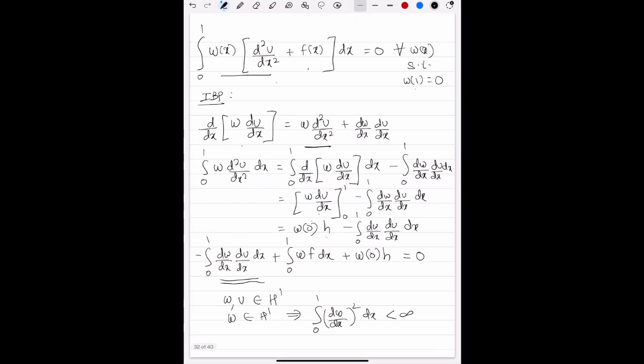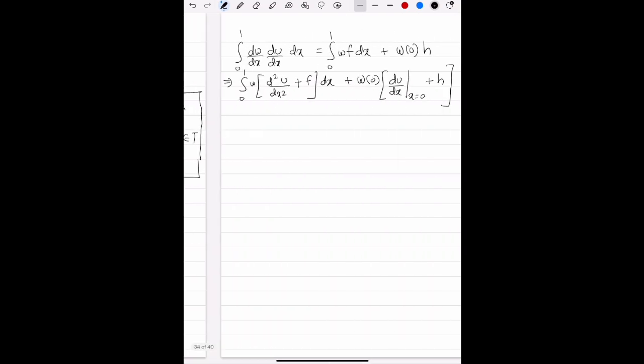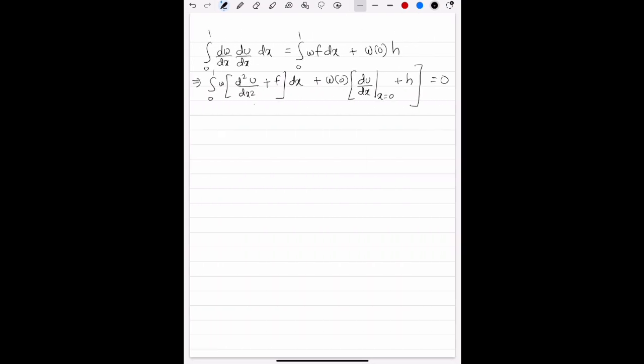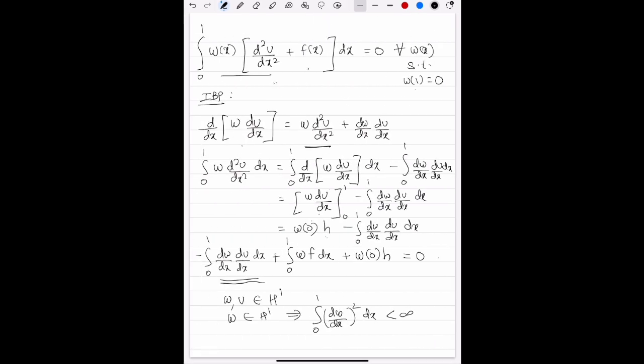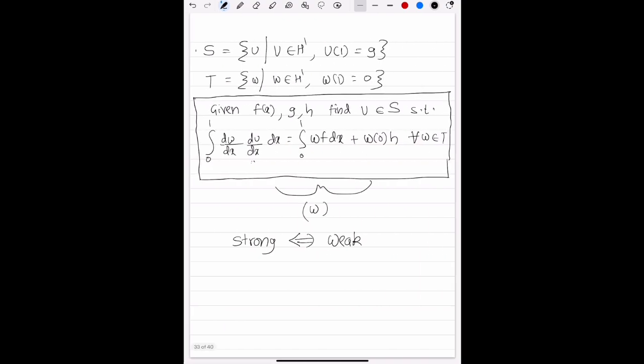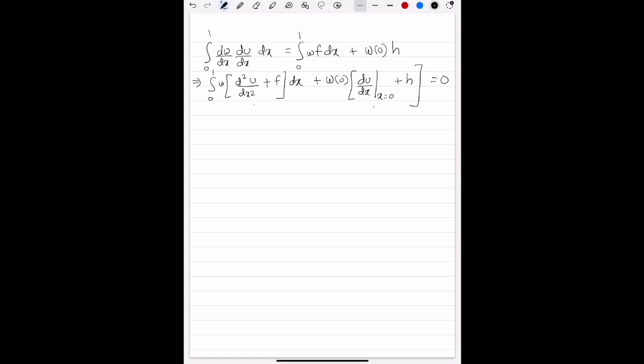So when we start from the weak form and integrate by parts and follow back the steps, then we'll get this equation over here, which is the same as the first term over here. But why do we have this extra second term? So when we started from the strong form and then derived the weak form, if you remember, we used the relation that minus du by dx evaluated at x equal to 0 is equal to h, which is basically our Neumann boundary condition. And hence we have this extra term over here.